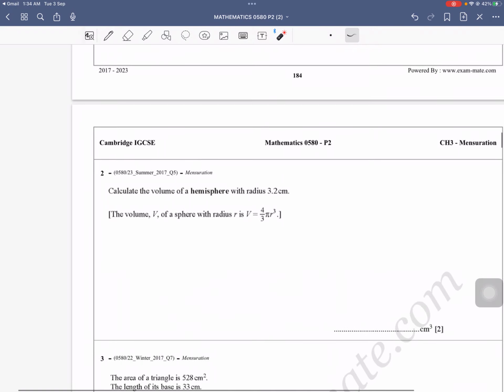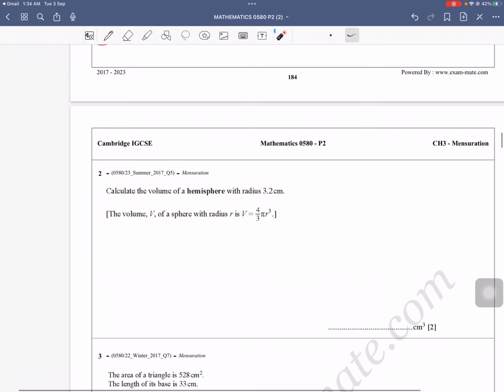Moving on to a different question. Now they are saying calculate the volume of a hemisphere that has a radius 3.2. What we need to ask ourselves is that, okay, they've given us the formula of the volume, right, but they haven't given us the formula of the hemisphere.